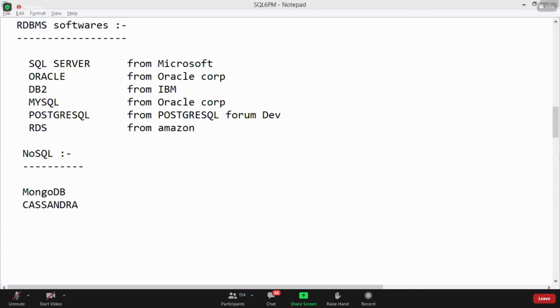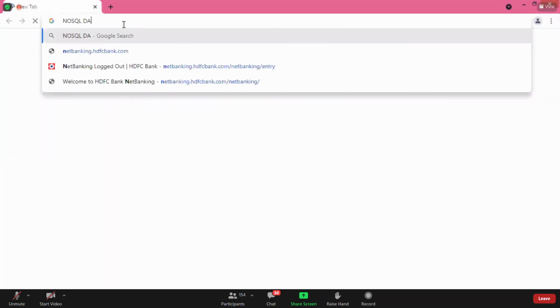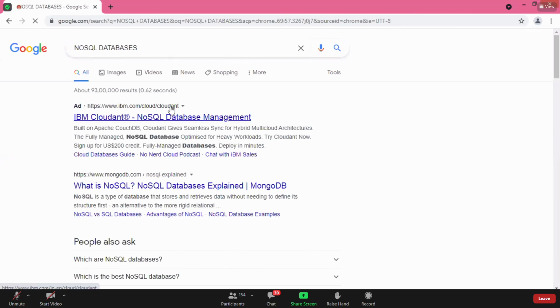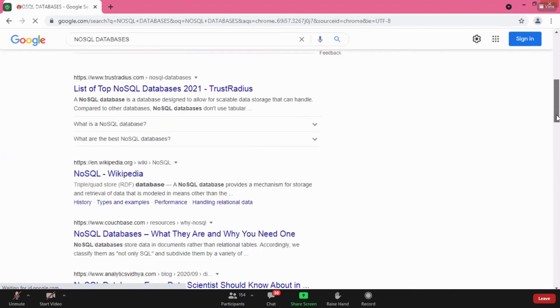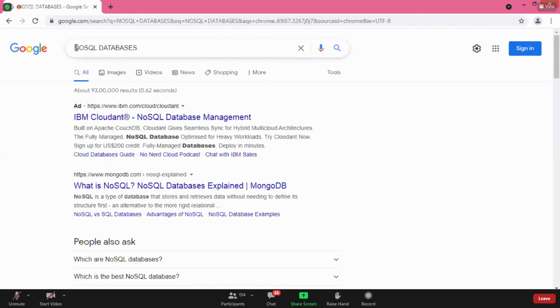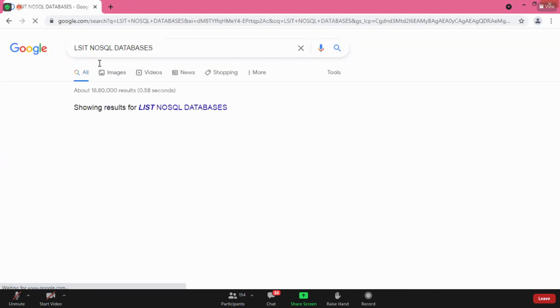So there are NoSQL databases also. There are a number of databases. Couchbase is also a NoSQL database.